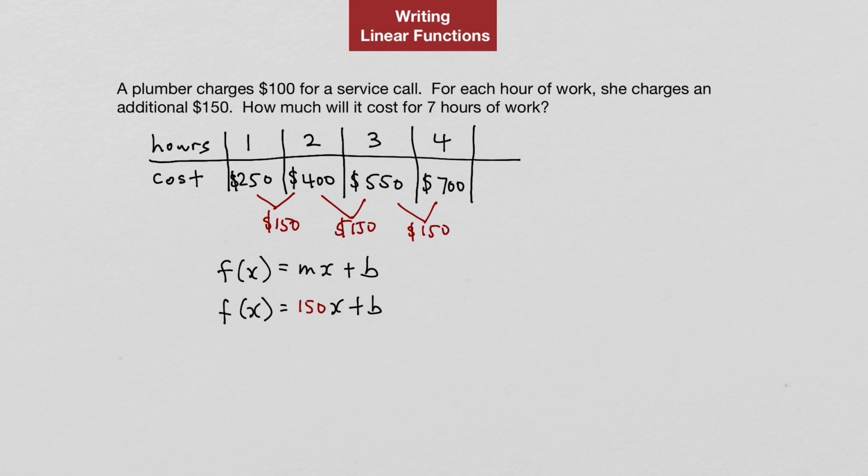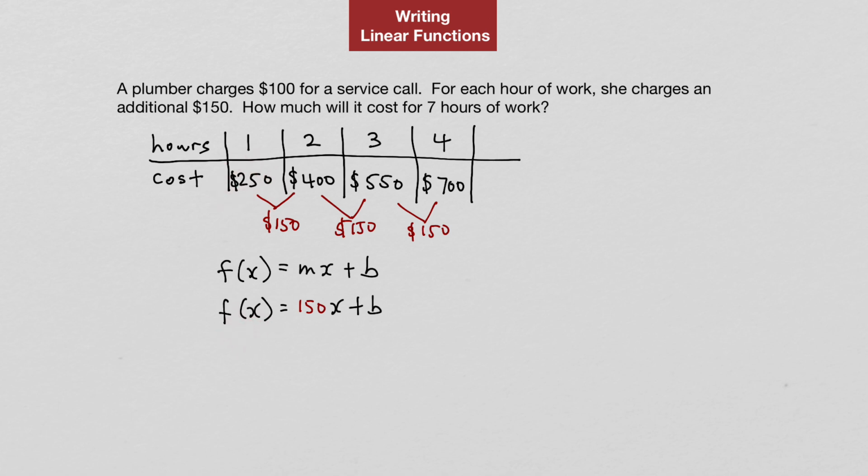Okay? And then the last step is that we need to solve for b. And to do that, we can take any of these data sets and replace the x and the f of x. So we're going to go ahead and take the first set of points and replace the hours right here for x, and then the total cost, which is $250 for f of x.